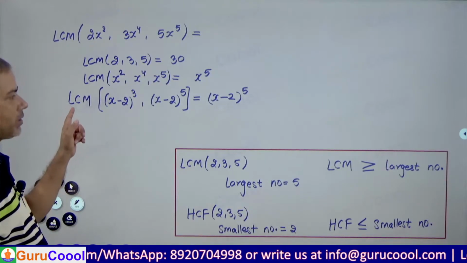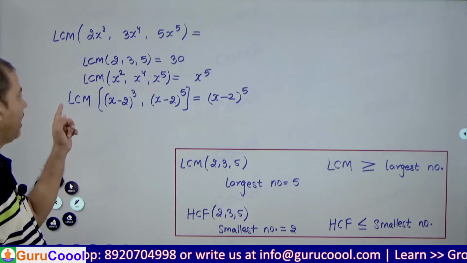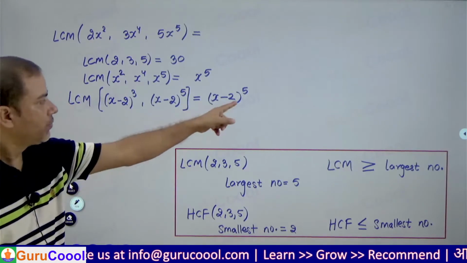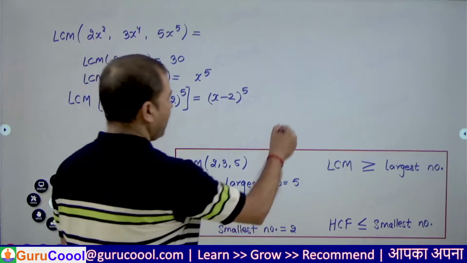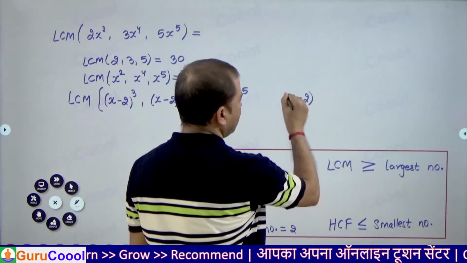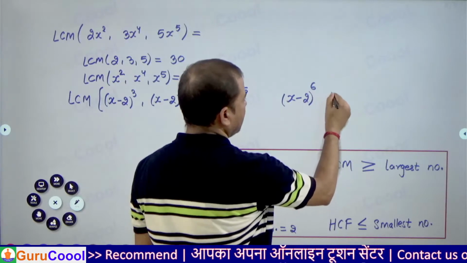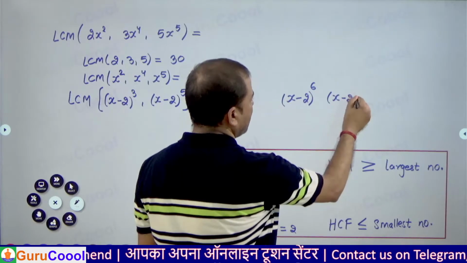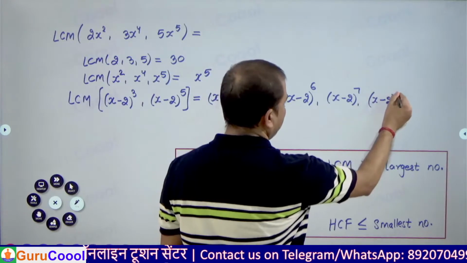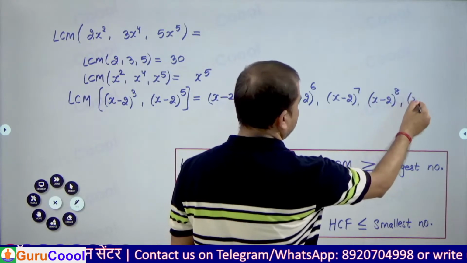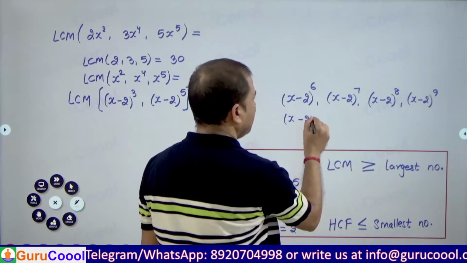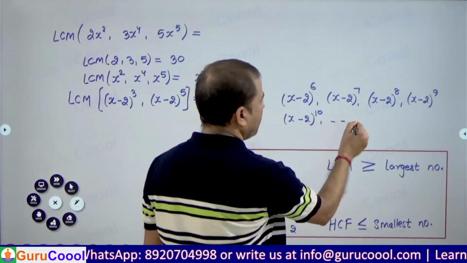L for least. Common multiple should be the least one. X minus 2 power 6, x minus 2 power 7, x minus 2 power 8, x minus 2 power 9, x minus 2 power 10, and so on.